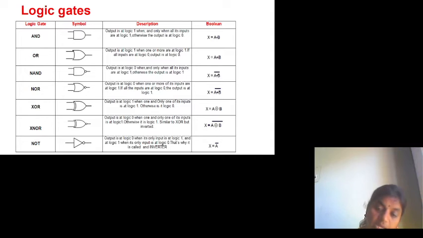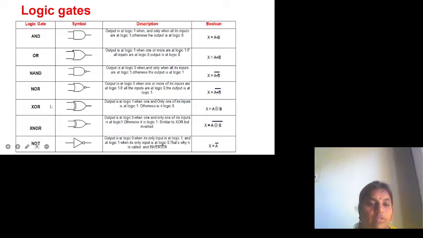If A bar is the output, then A double bar is equal to A. So X is the complement of your input signal, that is nothing but the NOT gate. Now in this chart, the AND gate, OR gate and NOT gate are said to be basic logic gates.